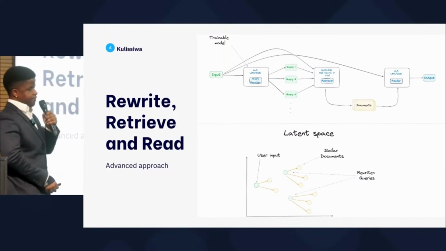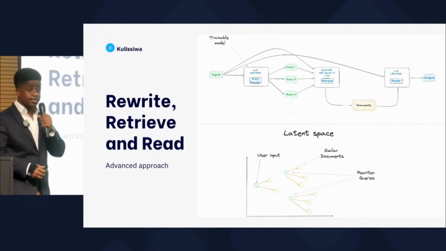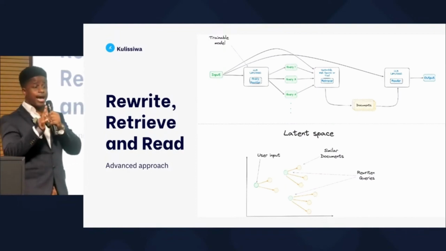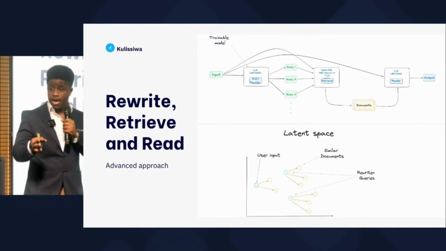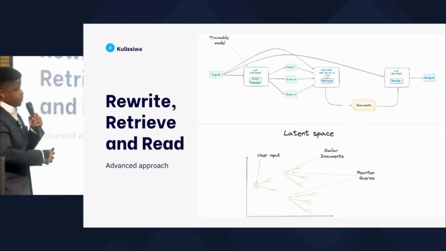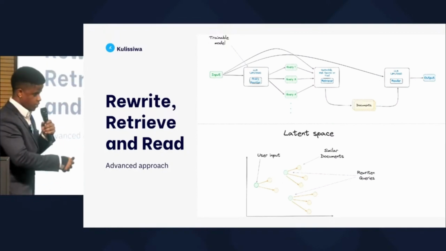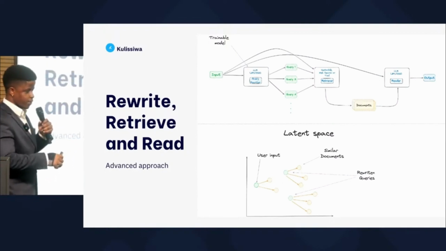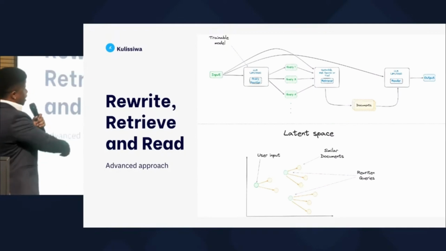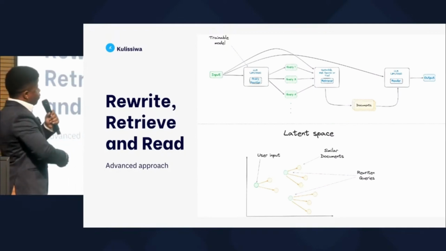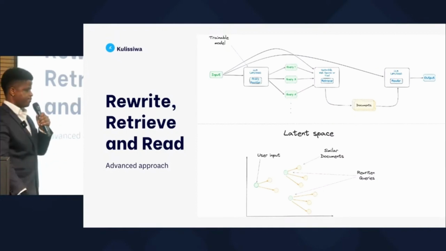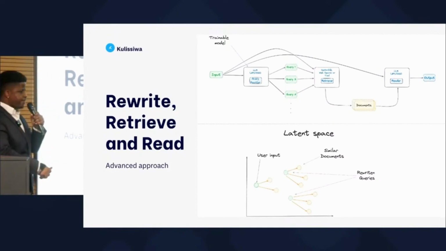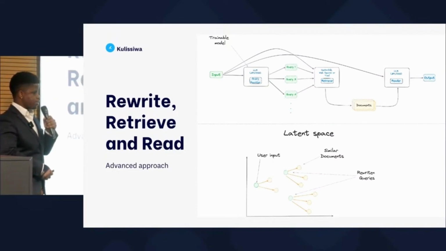LLMs are very, very good at understanding intent. So they can get the idea of what you're trying to do and say, okay, this person most likely wanted to do this, but of course it's not going to say it that way. It's just going to rewrite the query. But why just do that to one query? Why not create multiple queries? You create three variations of the same question.